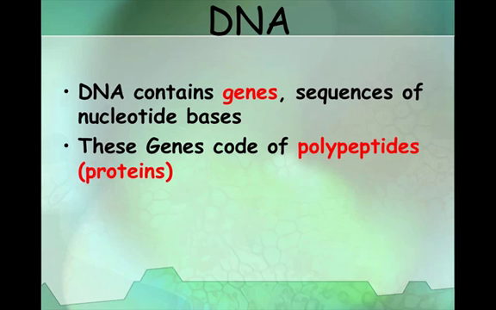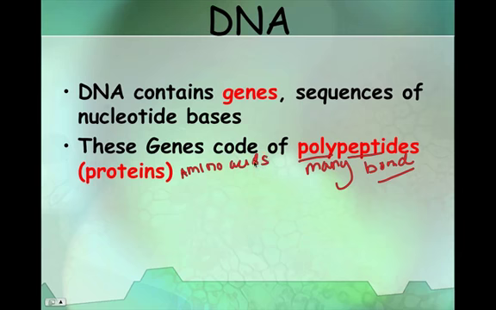If you remember from Chapter 2 when we learned about nucleic acids, poly means many, and peptide is the bond that attaches things together. In this case, in order to make a protein, we're going to bond amino acids. But that will come later in the notes.